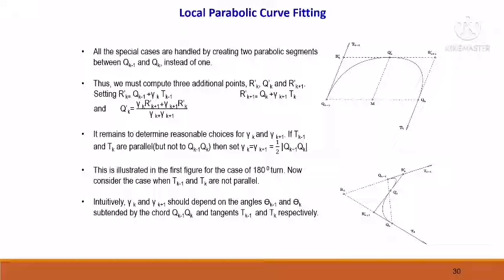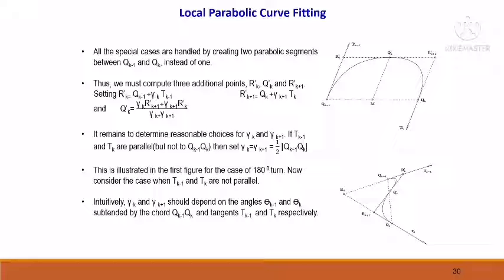If tk minus 1 and tk are parallel but not the chords qk minus 1 and qk, then we set gamma of k, which is also equal to gamma of k plus 1, to half of the chord qk minus 1 qk. This is illustrated in the first figure where tk minus 1 and tk can be seen parallel to each other. In the first figure, it is the case for a 180 degree turn.